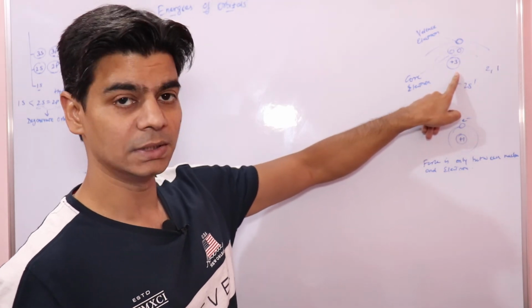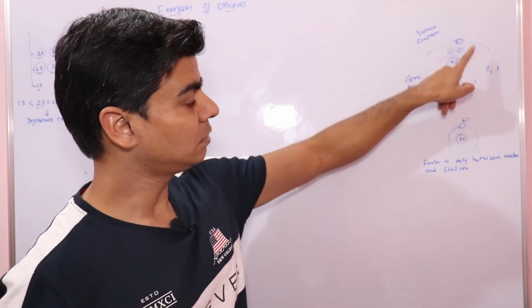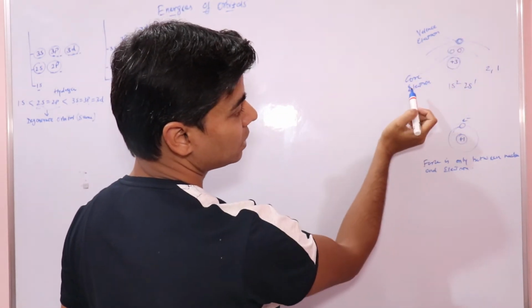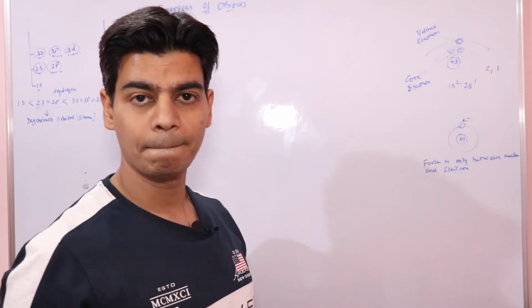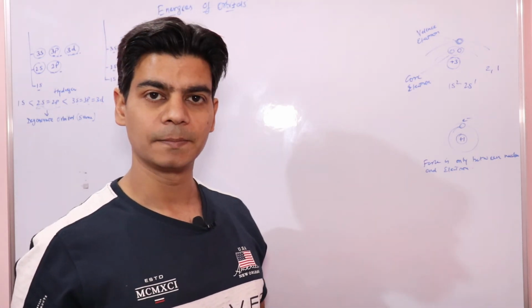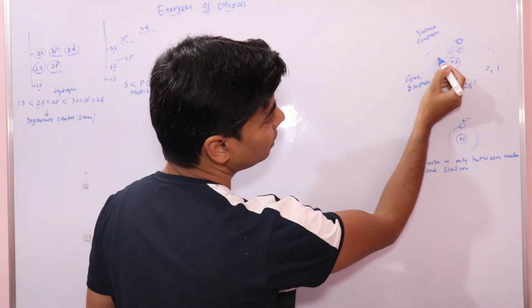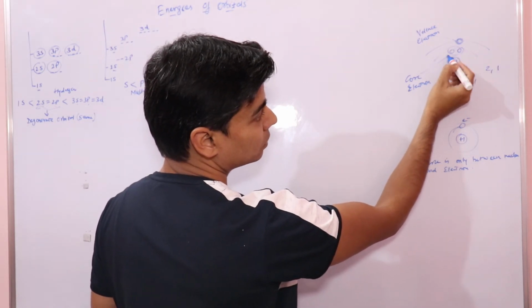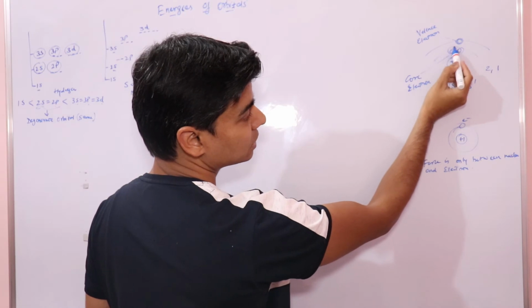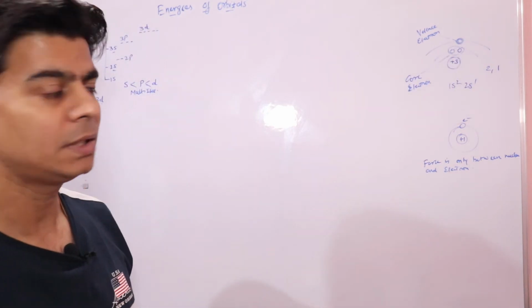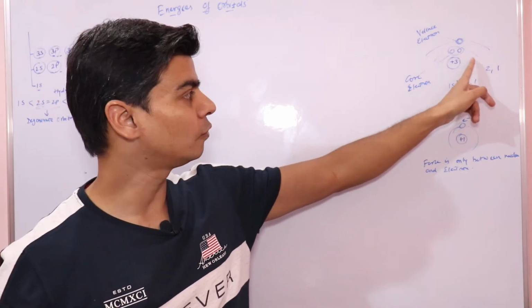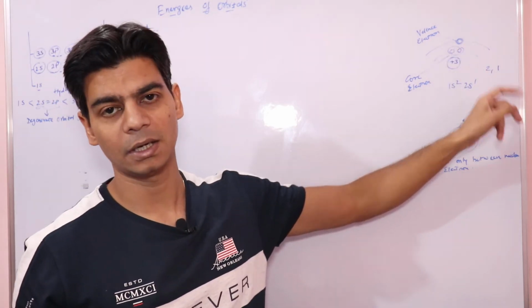The force of attraction between the outermost electron and the nucleus decreases due to the repulsion from the first shell electrons. This is known as the screening effect, or shielding of outer electrons by the inner electrons.